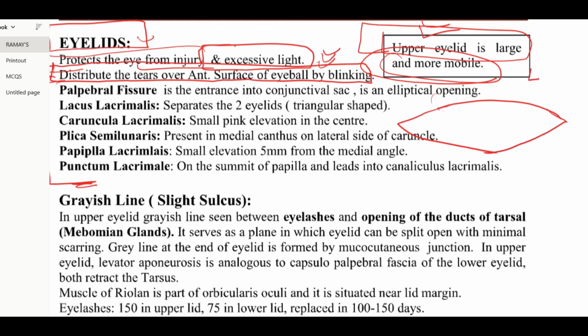We can say that this is the left eye. The eyeball will have the pupil and cornea here. This is the medial end. This is the lateral end.